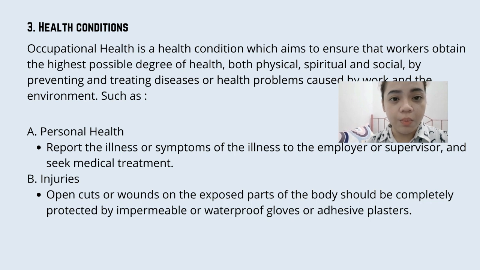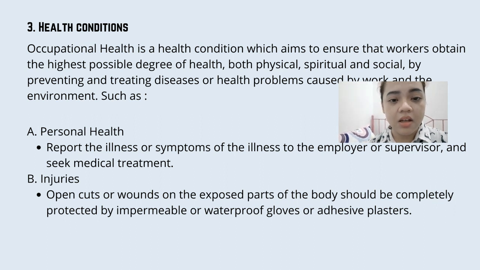2. Report the illness or symptoms of the illness to the employer or supervisor and seek medical treatment. 3. Should immediately be suspended from engaging in any work which may involve direct or indirect contact with food, including contact with food, utensils, or equipment.